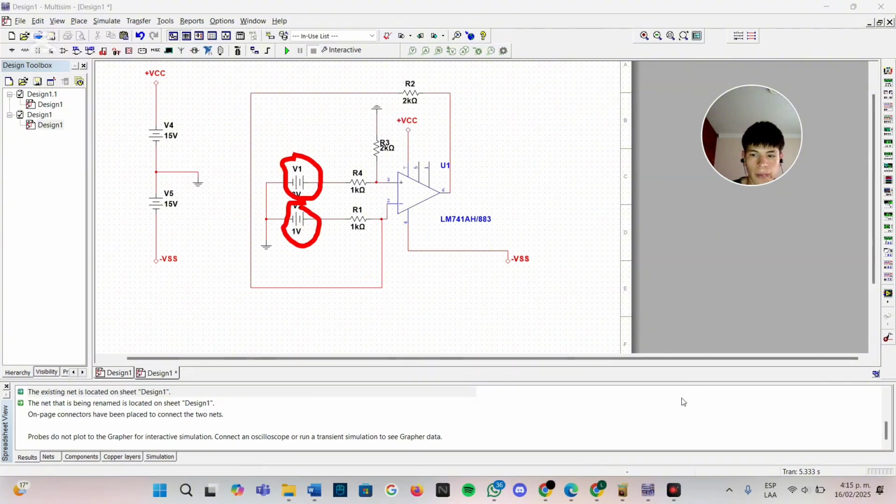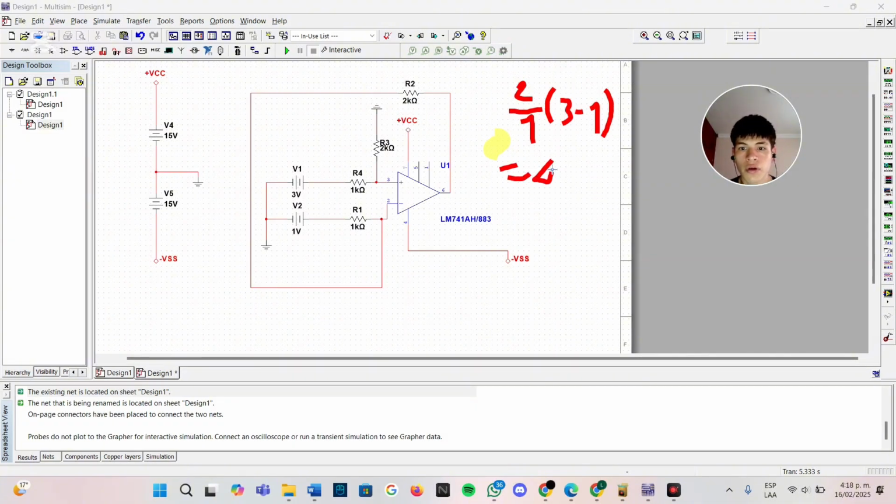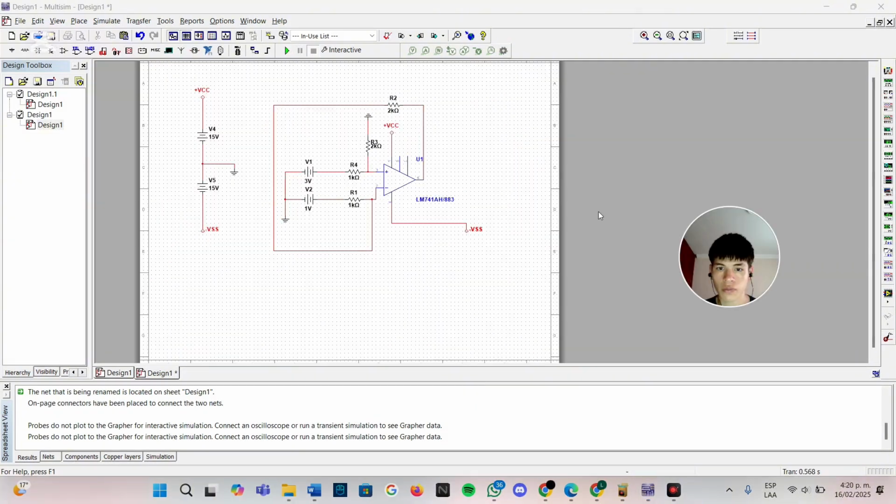And this will have to give us 4 because 2 divided by 1 gives 2, multiplied by 3 minus 1, will have 4, as we can see.